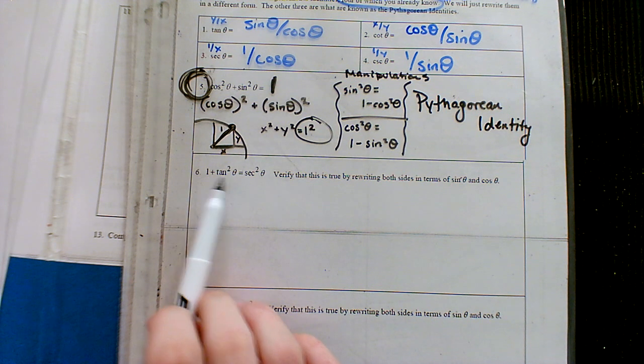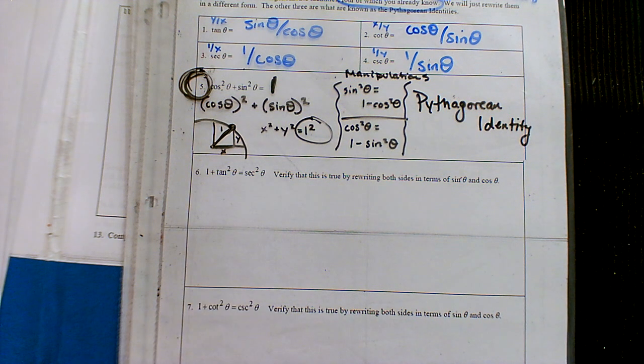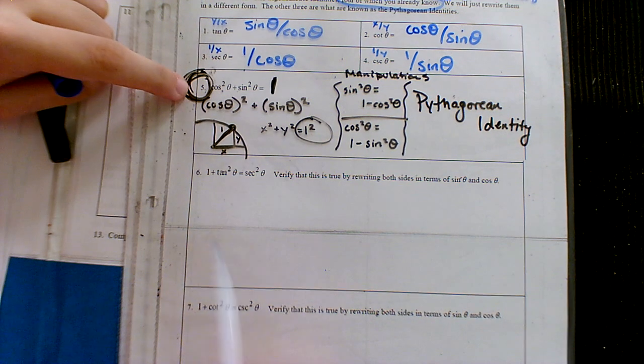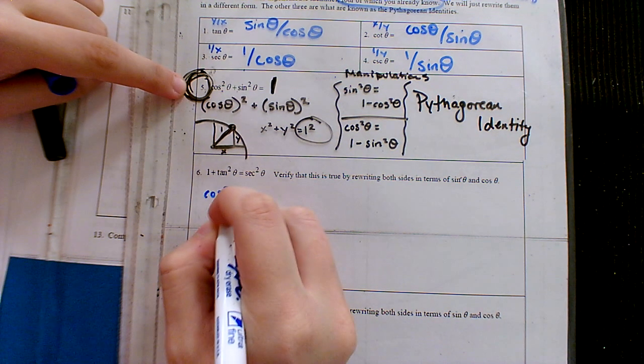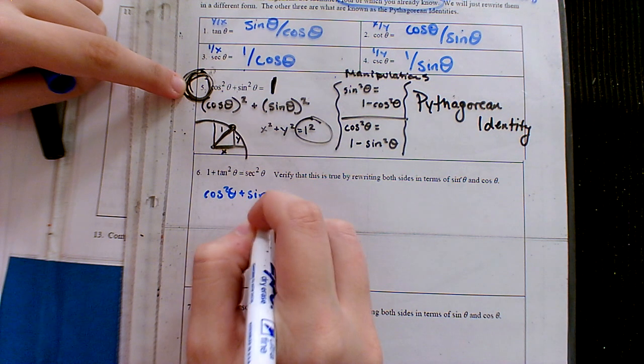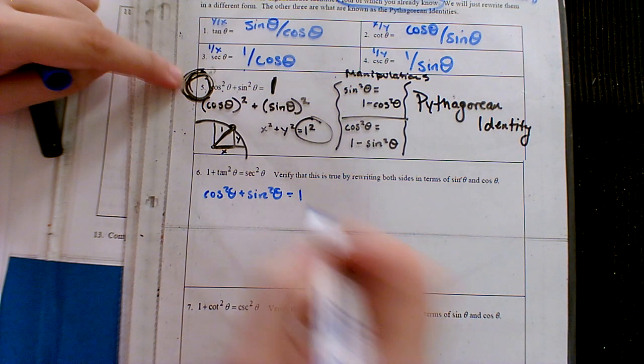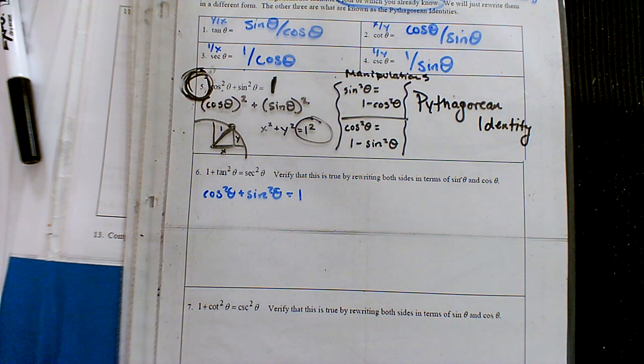Okay, let's go ahead and check out the next one. 1 plus tangent squared equals secant squared. What if we were to take this main identity from number 5, cosine squared plus sine squared equals 1, and we were to divide every single term by cosine squared? We know from algebra what you do to one, you do to all, right?